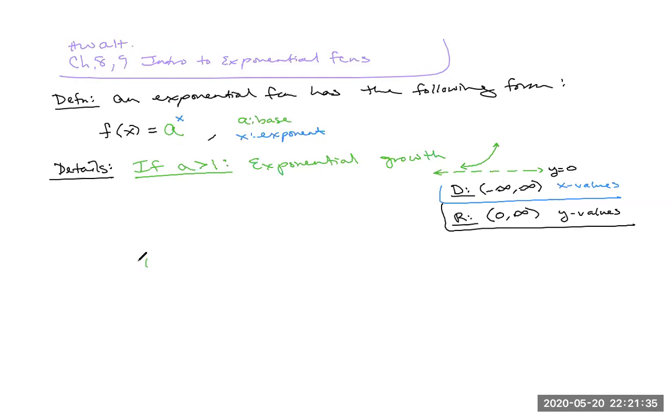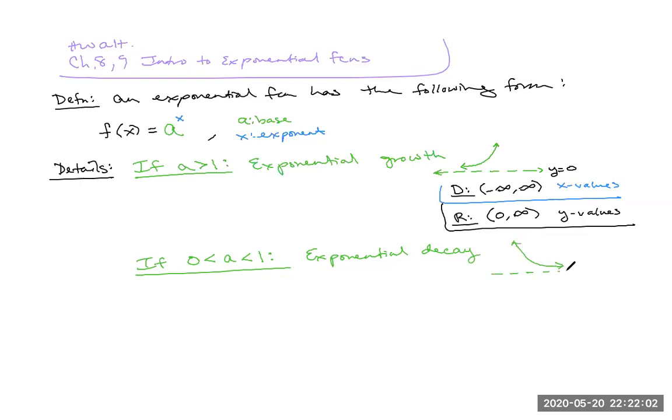Okay, one more detail. If a is between 0 and 1, you have exponential decay. And your graph is going to look like this.